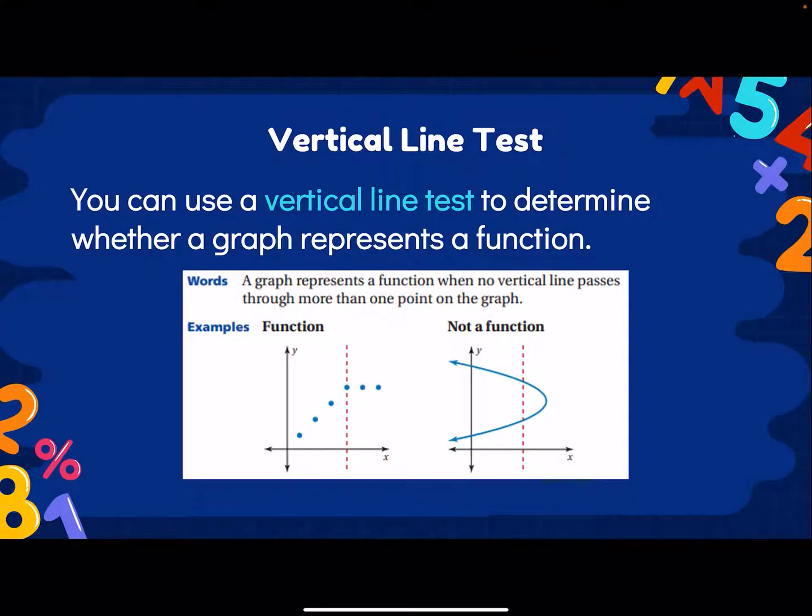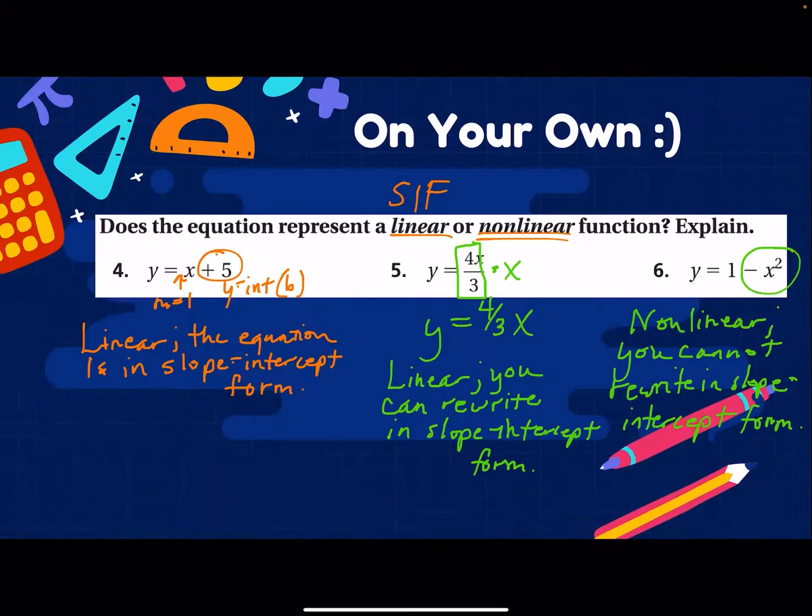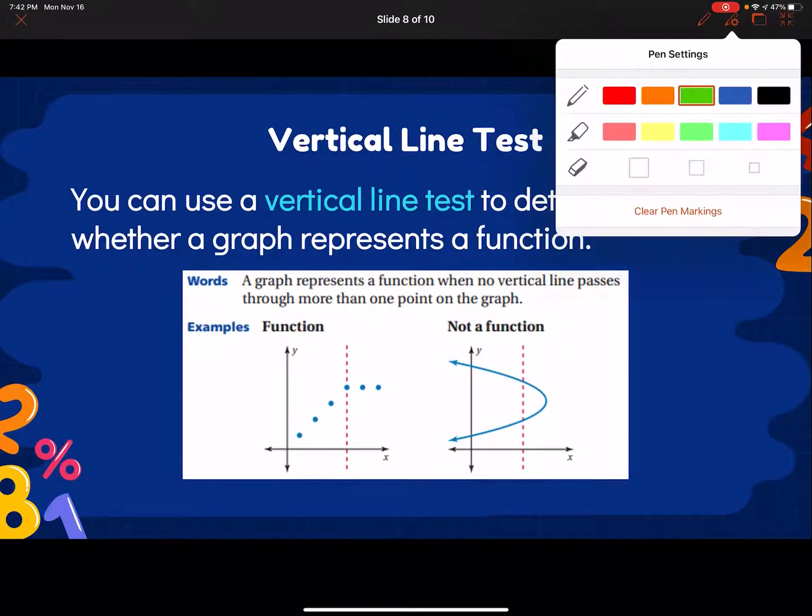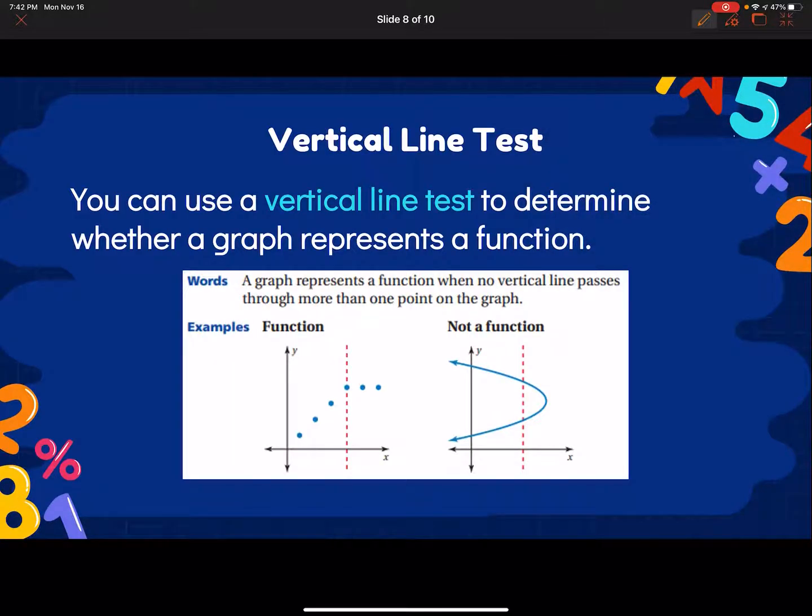Okay, the next part that we're going to talk about is a vertical line test, and we talked about this a little last week. You can use a vertical line test to determine whether a graph represents a function. And that just simply says a graph represents a function when no vertical line passes through more than one point on the graph.